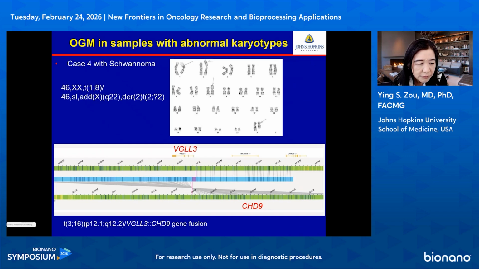So the OGM revealed a 3 and 16 translocation leading to the VGLL3 and CHD9 gene fusion, which is pathogenic for this disease.